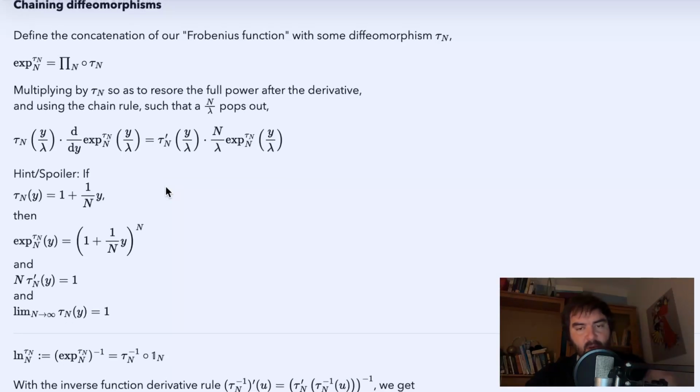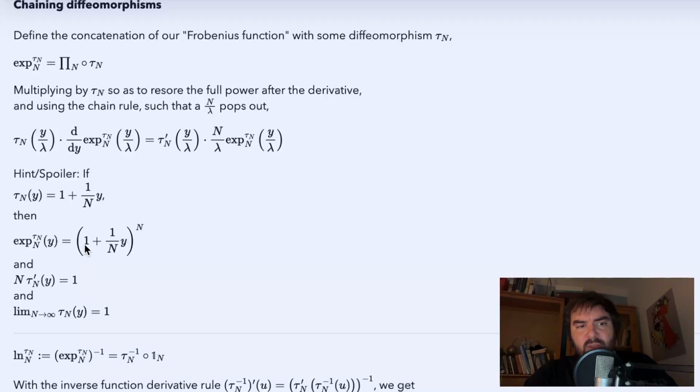So here's a spoiler of what we eventually end up with for the Zahles version. If you have this shift, 1 plus 1 over n times y, then our exponential function with n is this thing, and you know this from the definition of the exponential function as a limit.